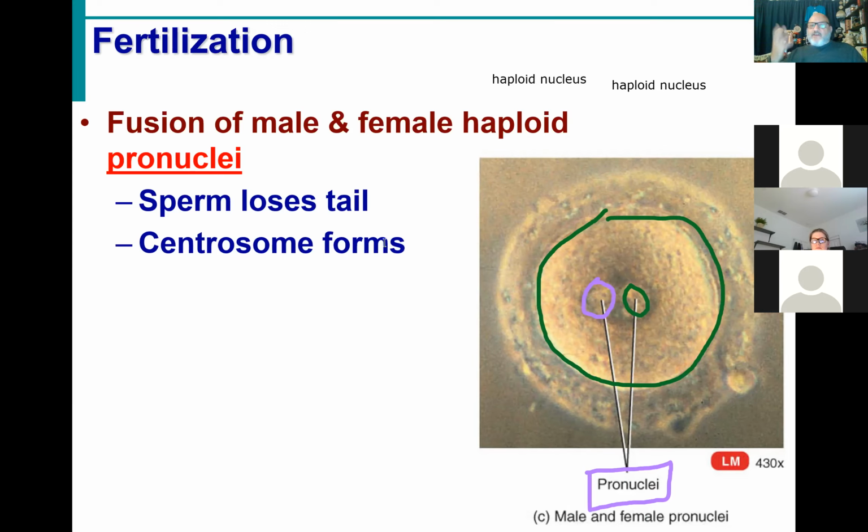At which point, this cell starts mitosis. And what is the first stage of mitosis? Prophase. Excellent.